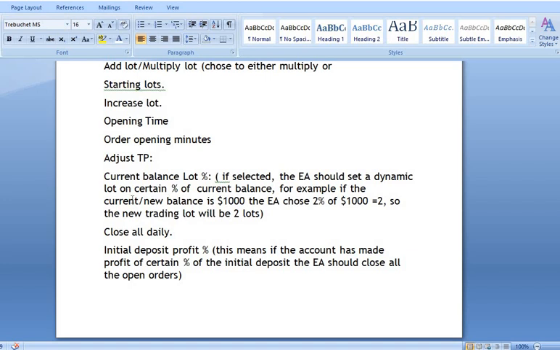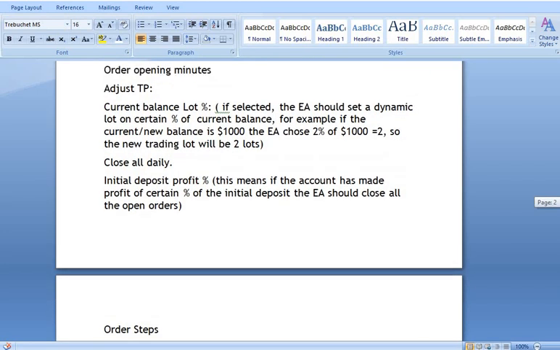For example, if the current balance is $1,000, and the EA chooses 2% of $1,000, the new trading lot size will be 2 lots. So that's what it means. Then every other open order should close by the end of every day's trading. So these are the descriptions.